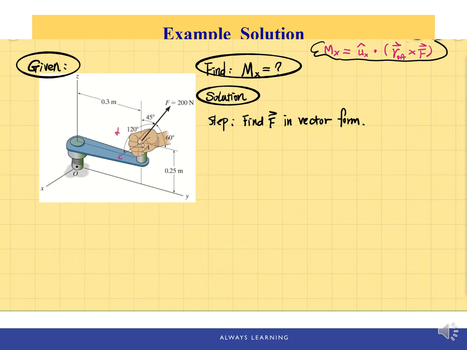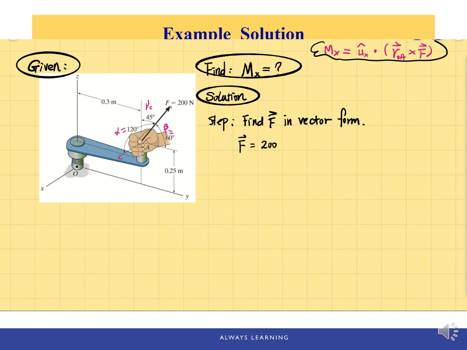Alpha is the angle between the positive x-axis and the head of the force F. And beta is the angle between the head of F and the positive y-axis, so beta is 60, and gamma is 45. So F can be expressed in component form immediately.